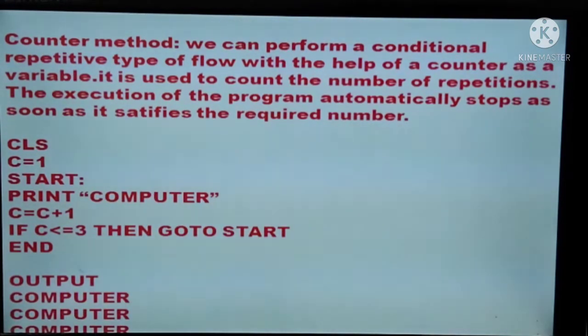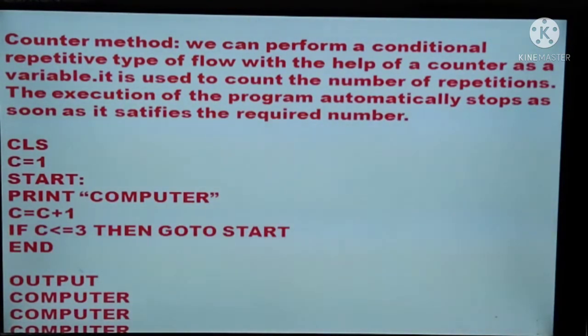So when you are writing a program using the counter method, we take a counter as a variable, we write down the required number of repetitions, and once that required number is satisfied, your loop will automatically terminate.